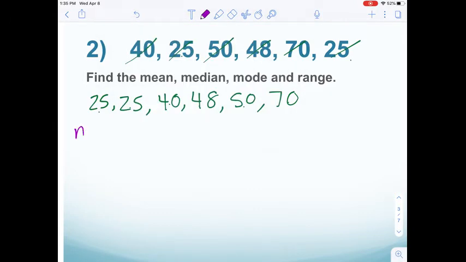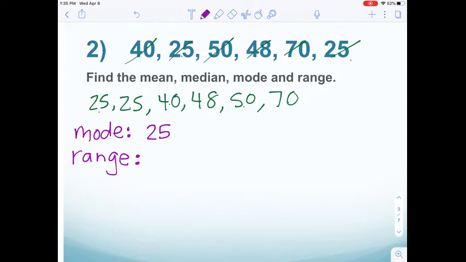I'm going to start with the mode, because that's my favorite. Mode is how many or what number repeats itself. Do any numbers show up more than once? In this case, yes, we do have a mode. Our mode is 25 because there's two 25s. Then I'm going to go to range. It doesn't matter what order you do these in as long as you answer them all.